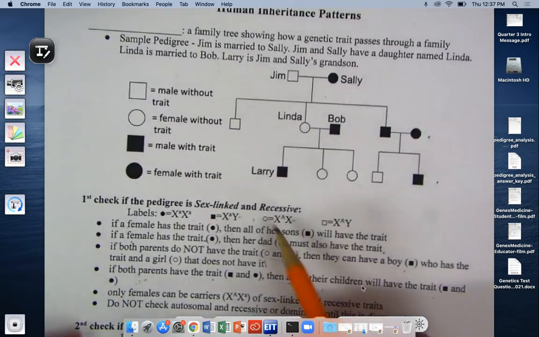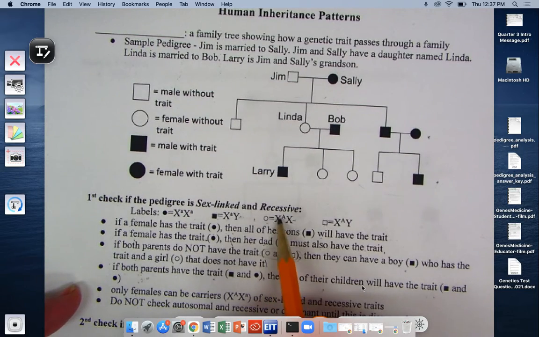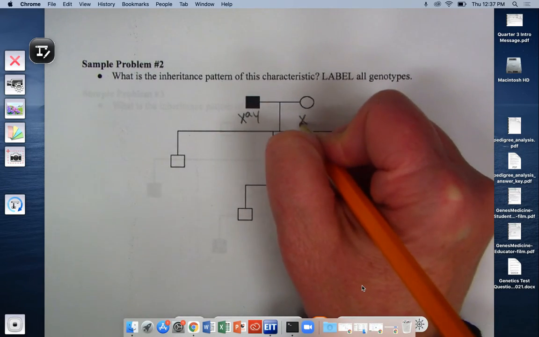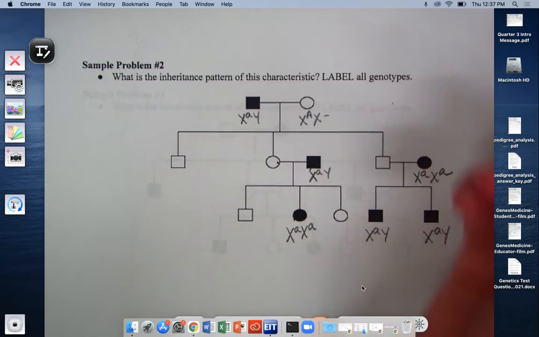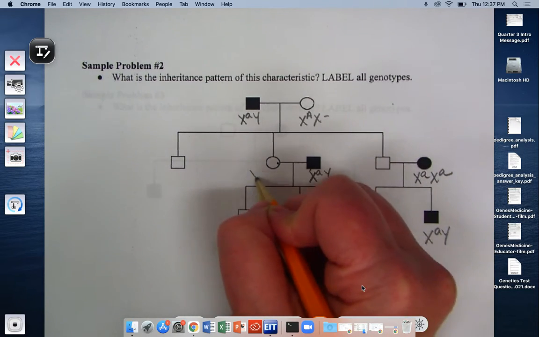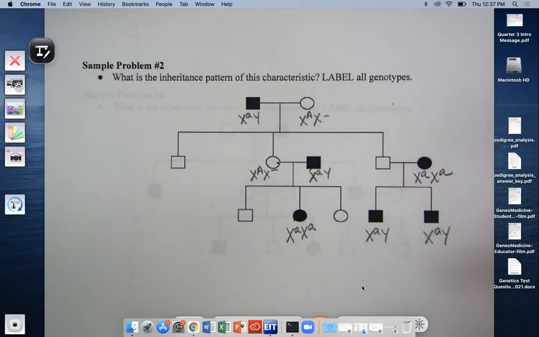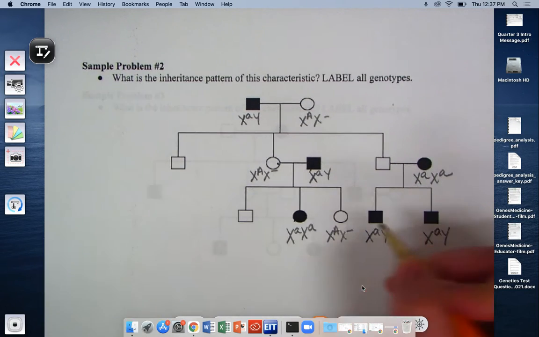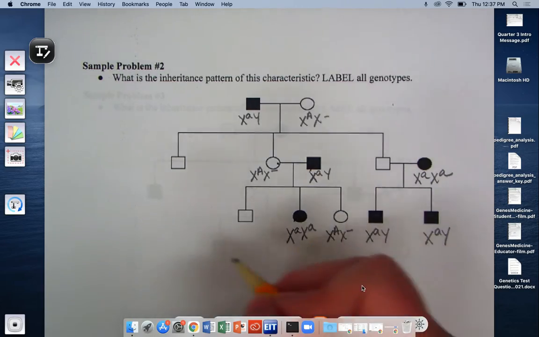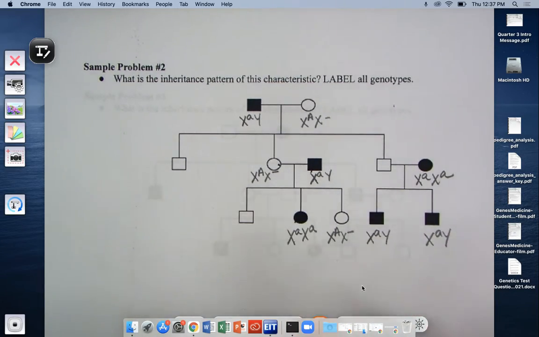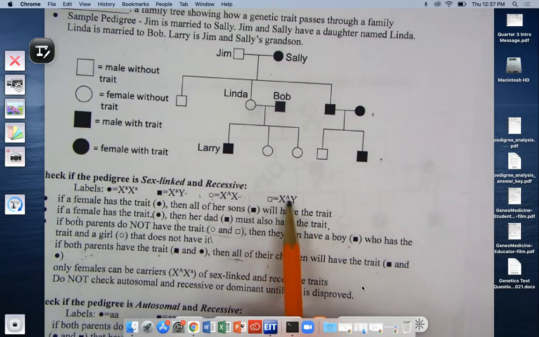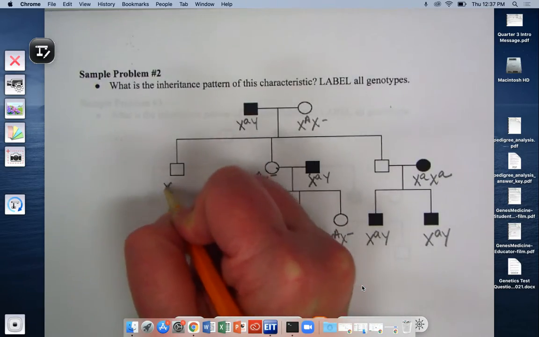Okay. If the girl does not have it, X capital A, X blank. And then the boy that doesn't have it, X capital A, Y.